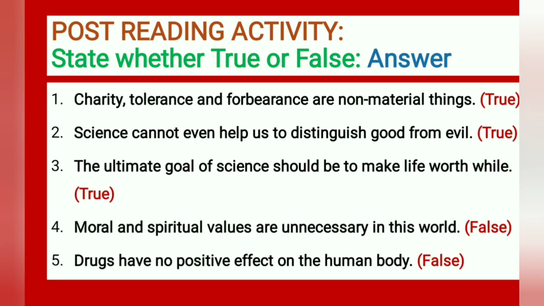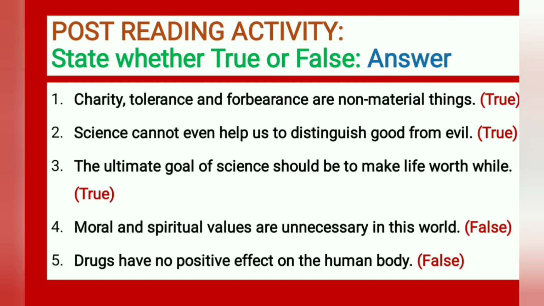Well, students, if you look at the statements, the first one is charity, tolerance, and forbearance are non-material things. Yes, that is true. These are non-material things. Number two, science cannot even help us to distinguish good from evil, and it is also true. Number three, the ultimate goal of science should be to make life worthwhile.